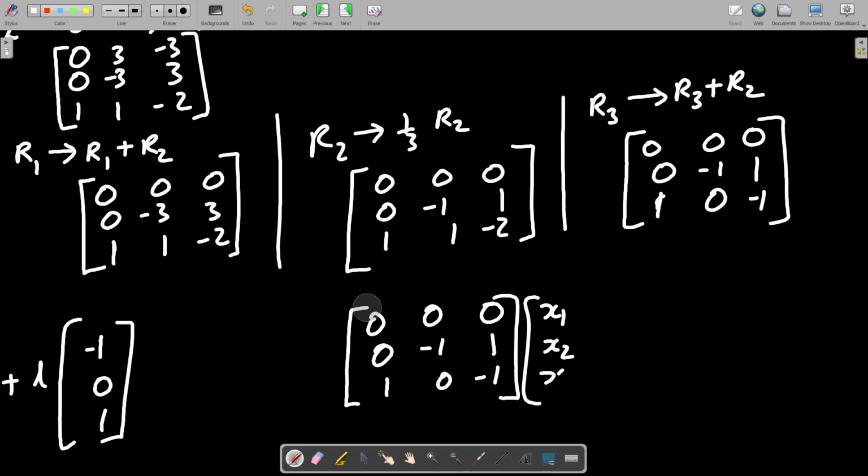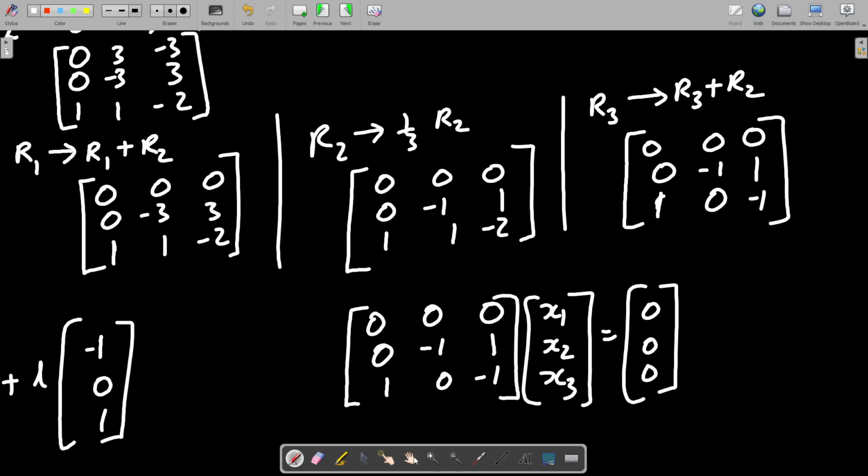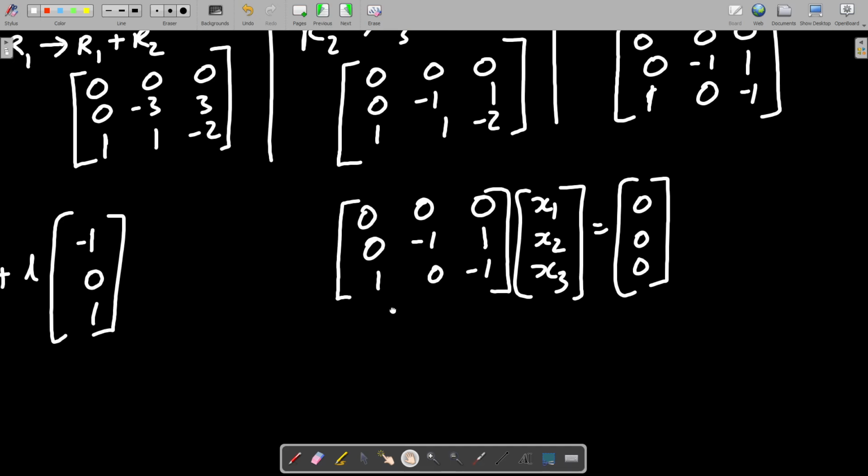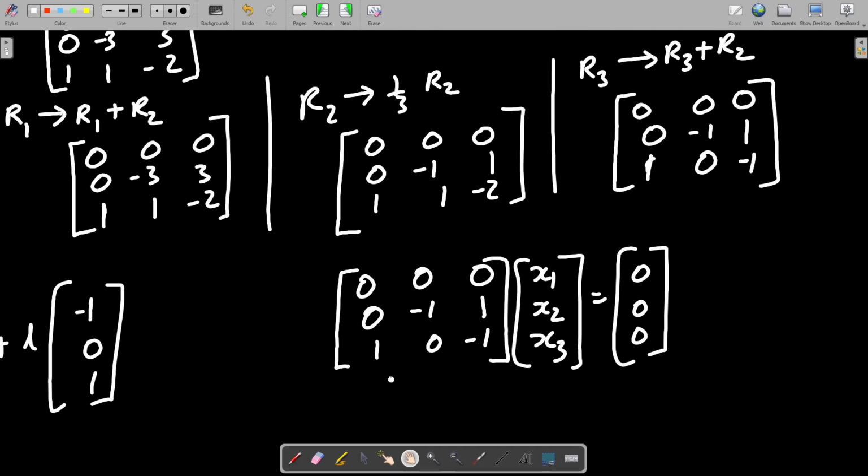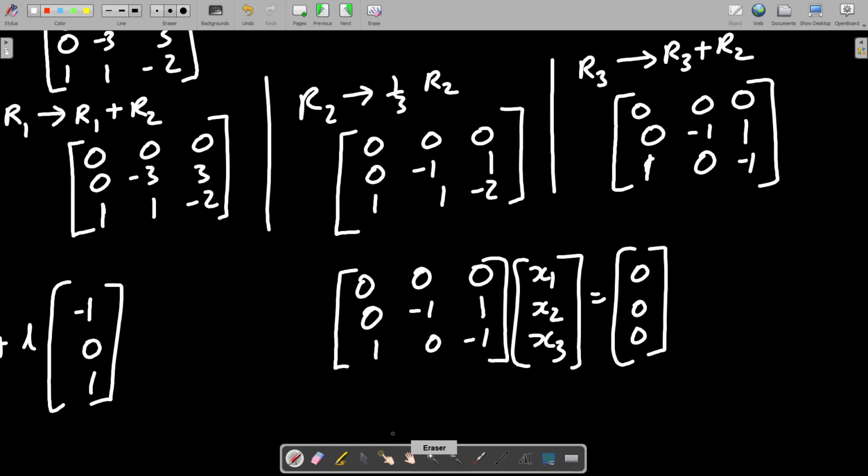Now let us write it in, okay, so this gives you the system of equations as minus x2 plus x3 is equal to 0, and x1 minus x3 is equal to 0.